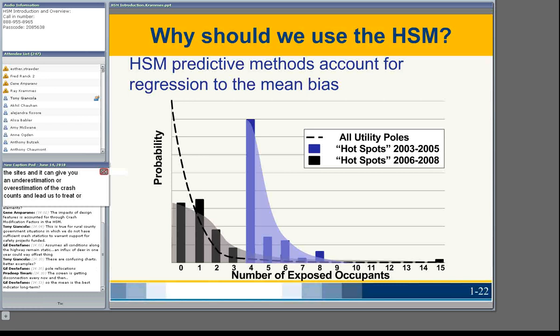Other webinars will not make you an expert in the Highway Safety Manual, but it'll give you a better understanding of what is in there and what the process is to follow.